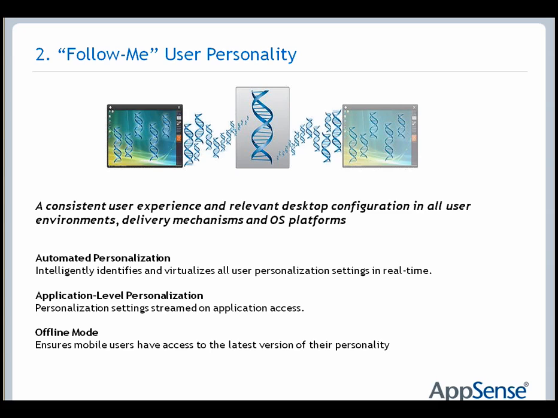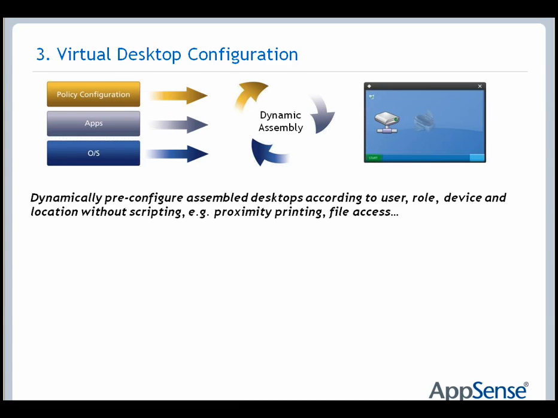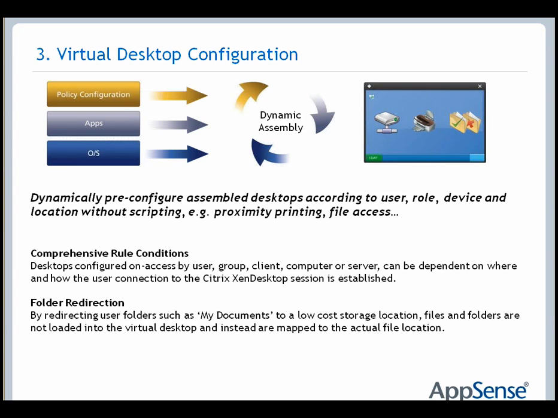Furthermore, what we need to look at as well is configuring those standard OS and apps with comprehensive rule conditions and triggers to create, configure and set up the user's desktop. So based on who the user is, or the client that they're connecting from, or the server that they're connecting to, we can apply different policy actions to map different drives and printer settings, different folder access and security permissions, and enable individual desktops to be customized and tailored for individual users.